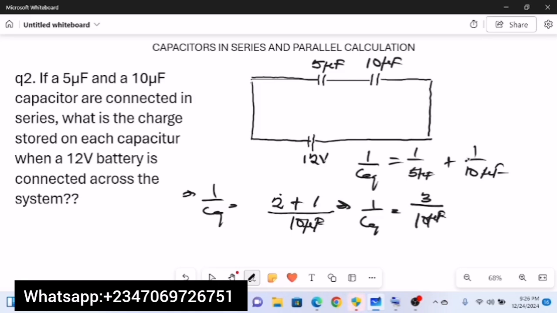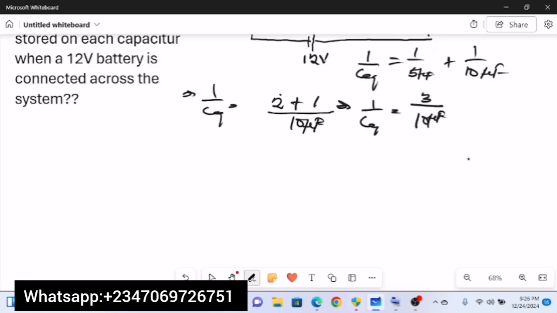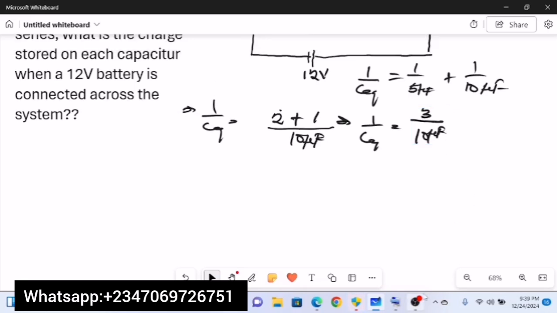Now, in order to find your equivalent capacitor, remember I said you first have to interchange the position. Take C equivalent to the top, bring down 1, then do the same thing on the right. Take 10 microfarad up, then bring down 3.